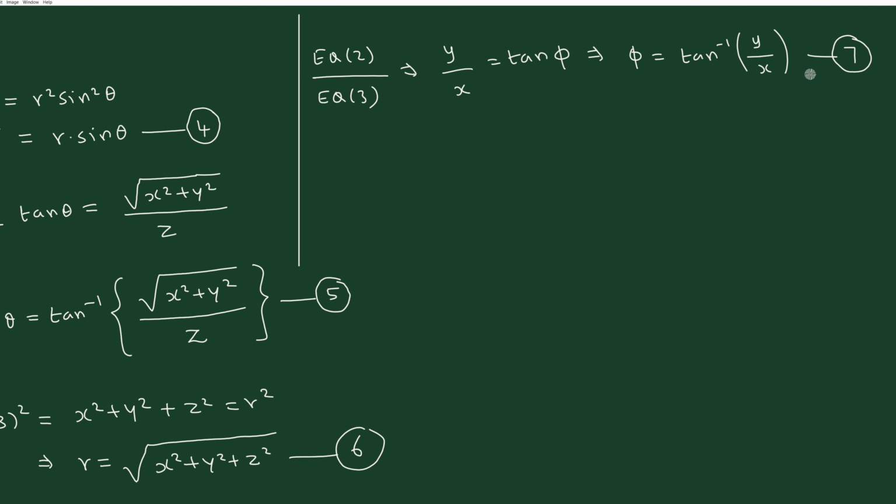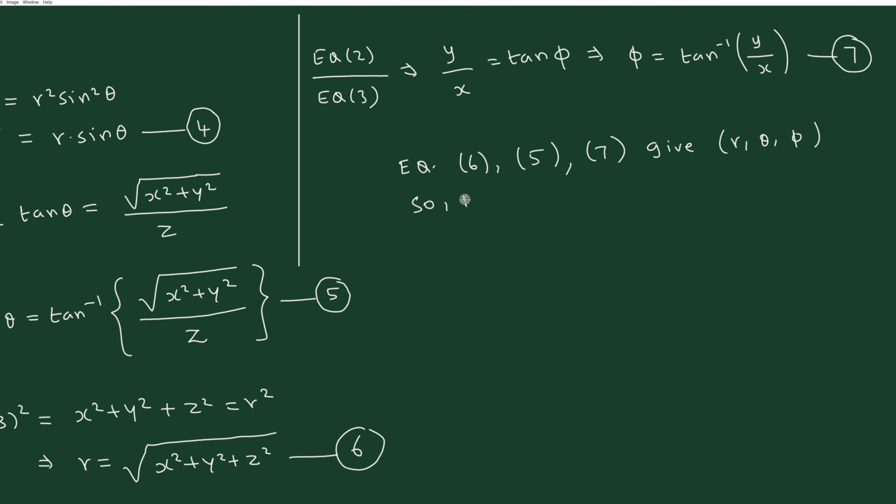So now we got the conclusion. The conclusion is equation number 6, equation number 5, equation number 7. This is the order I am writing, because 6 gives you r, and 5 gives you theta, and 7 gives you phi variable. So therefore they give r, theta, phi.